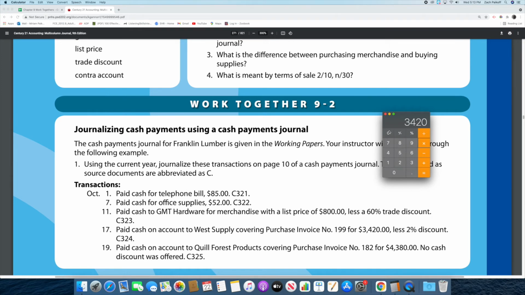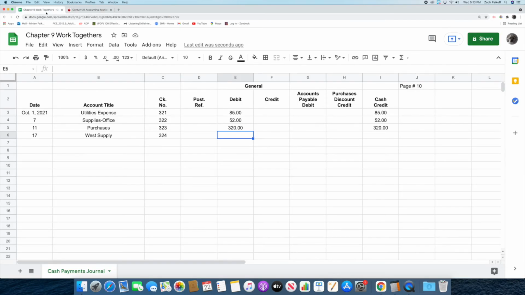So we're going to take 3,420 and multiply it by 2%, which is 0.02. And that gives us $68.40. Then from here, we're going to take the $3,420, subtract the $68.40, and that gives us $3,351.60.